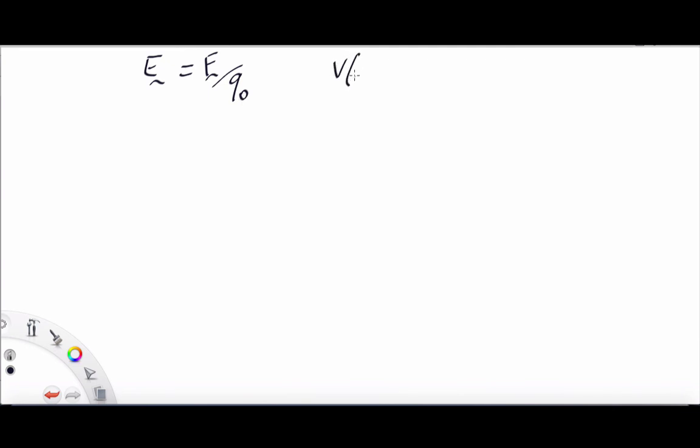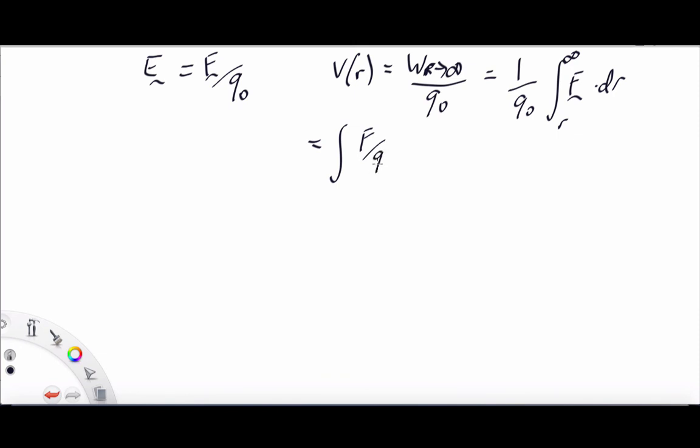So another expression I could get for potential would be the work going from R to infinity over Q naught, or 1 over Q naught times the integral of F dr going out to infinity, which would be F over Q naught dr. But of course we know that F over Q naught is E. So that gives us an expression for the potential at R being the integral going from R to infinity of E times dr.